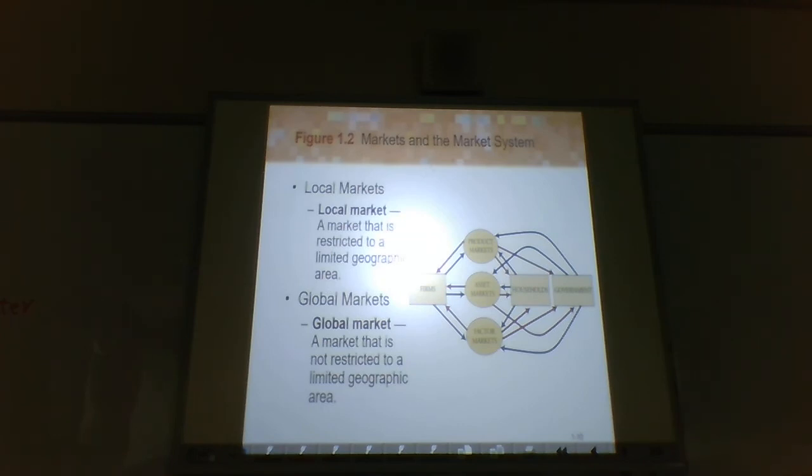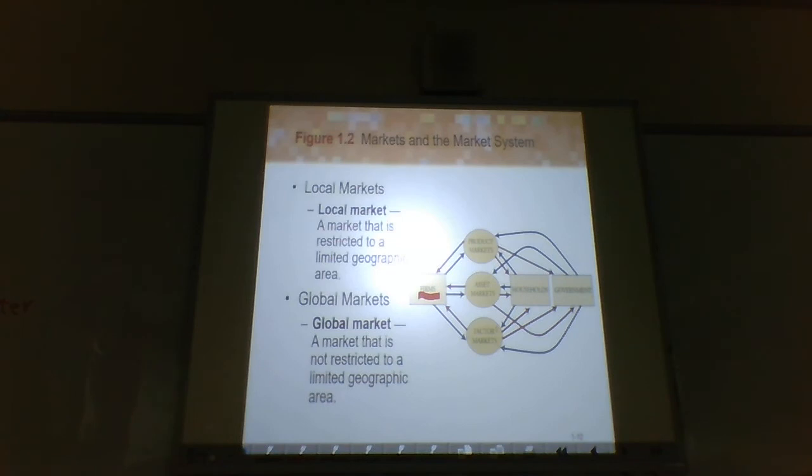So markets and market system. This is basically how the market works. So let's look at it here. Firms are the producers, and provide the product market, and then the consumers, the households, are the buyers in the product market.